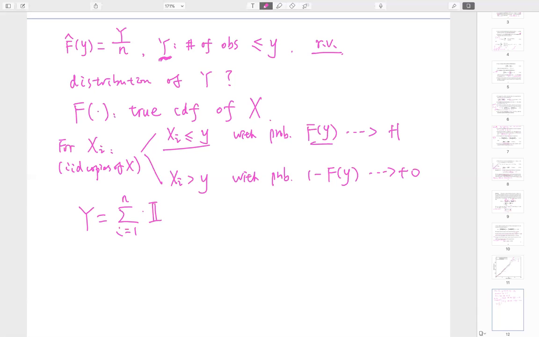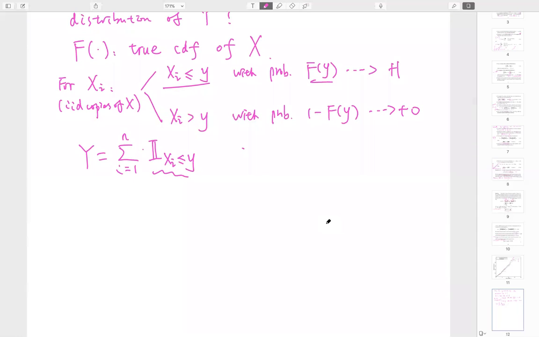So this means indicator function, right? Each indicator function is Bernoulli. Let me write it here. It's very obvious that each indicator function is Bernoulli, right? It's either 0 or 1: 0 with this probability, 1 with this probability.